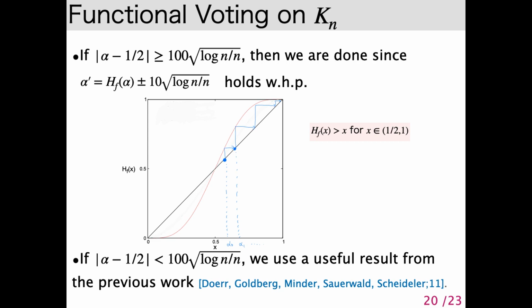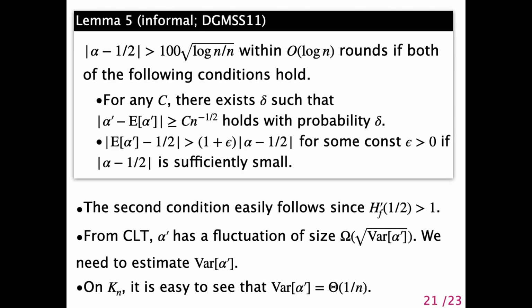The difficult case is that the initial alpha is close to the middle point. To deal with this case, we use a useful result from the previous work. Here is the informal statement of the result. Roughly speaking, the result says that alpha escapes from the middle point within order log n rounds if both of the following two conditions hold.